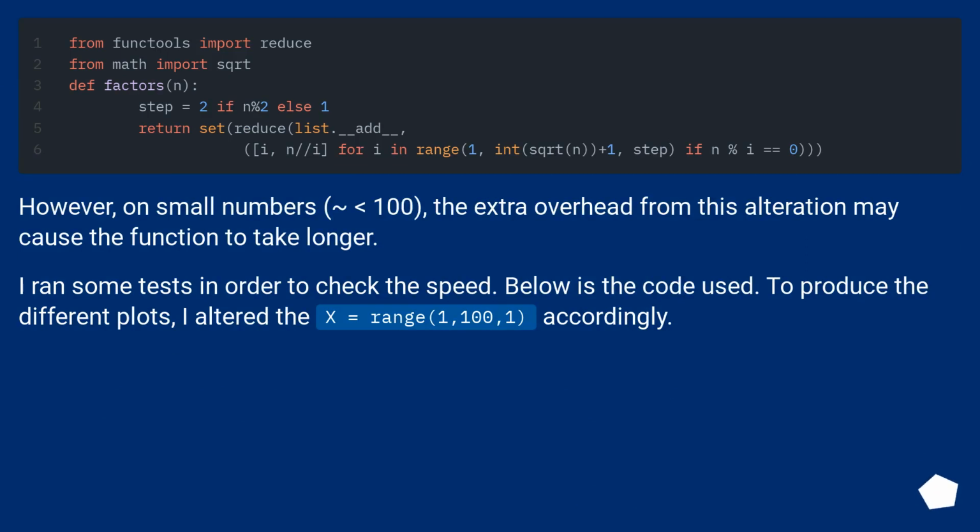However, on small numbers, n is lower than 100. The extra overhead from this alteration may cause the function to take longer. I ran some tests in order to check the speed. Below is the code used.